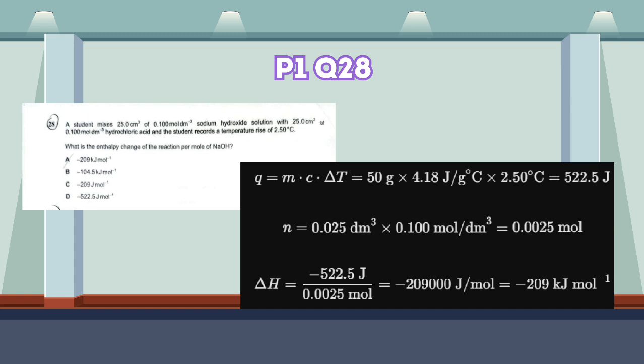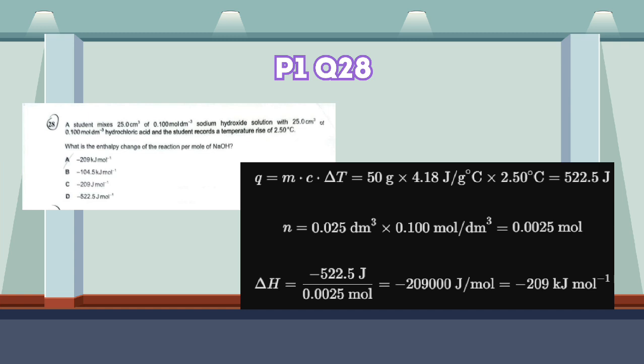And then for the mole, we use the formula n equals m times V, and then we insert the number, and we got 0.0025 mole.